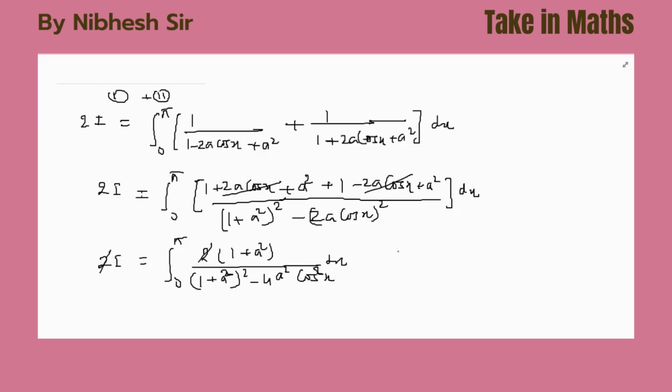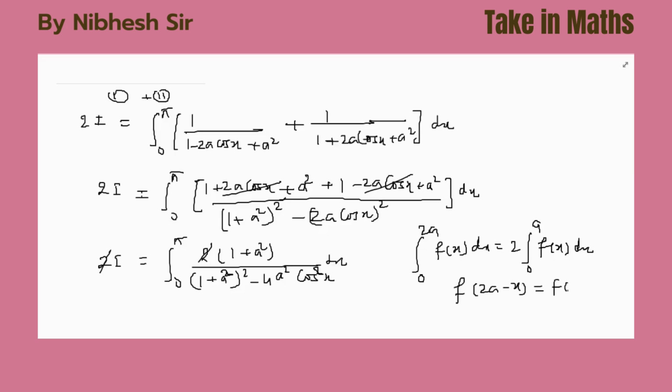इस पार्ट में अब हमें कौन सा प्रॉपर्टी यूज़ करना है? The property that we will use here is integration 0 to 2a f(x) dx, which equals 2 times 0 to a f(x) dx when f(2a minus x) is f(x).